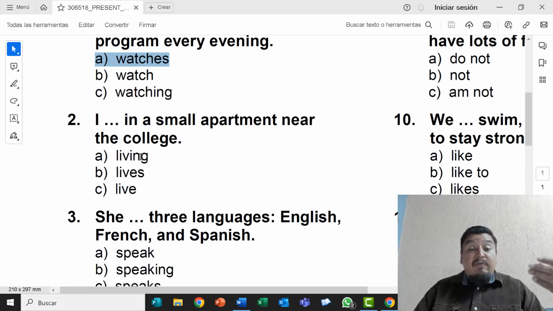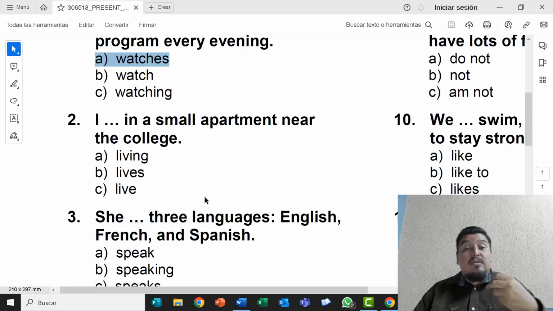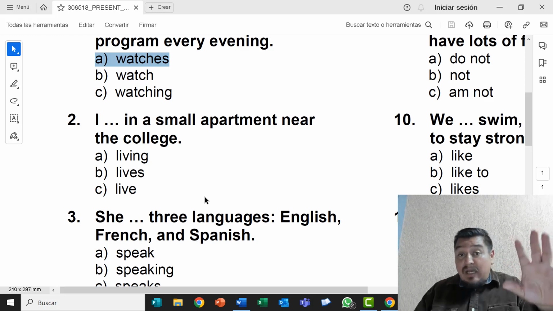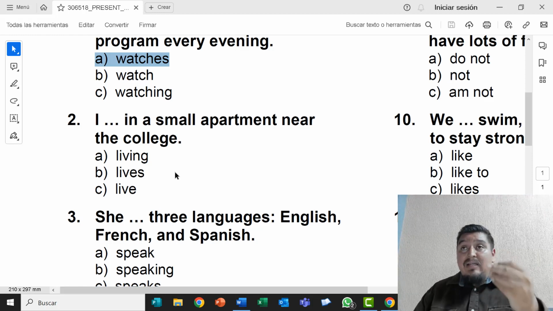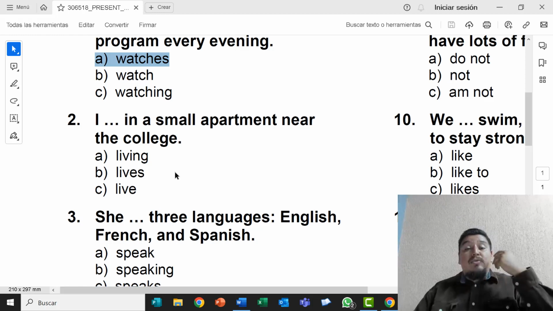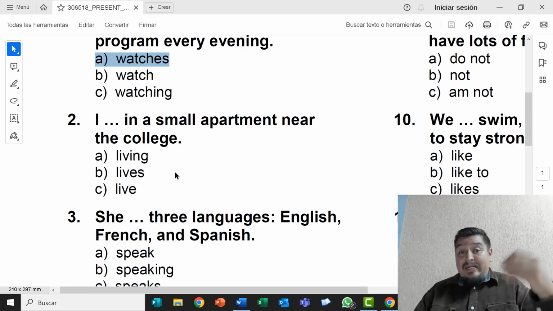No. So before you decide what is the correct answer, practice your English. So oral English, okay? Practice, speak a lot. Maybe you need to produce those sounds many times. But maybe you need to improve your English, oral English, so doing it again and again and again.